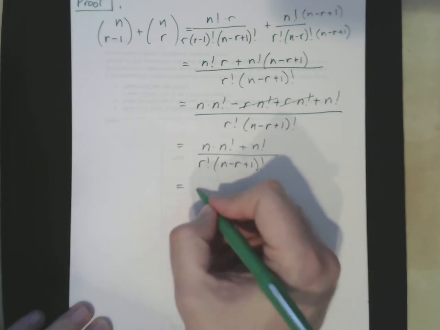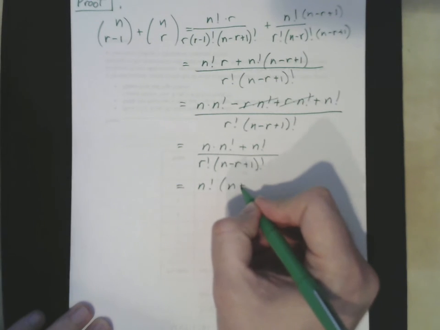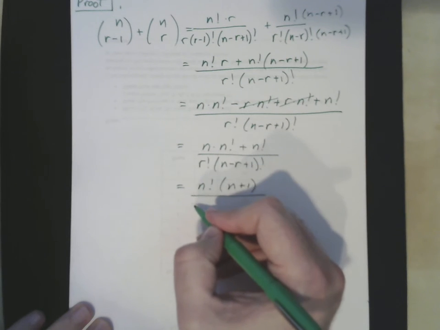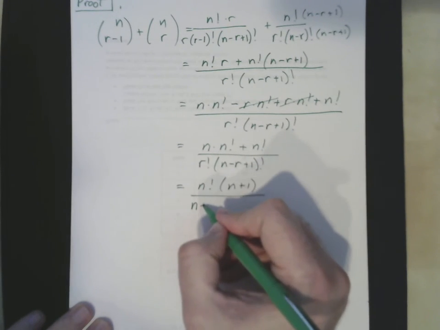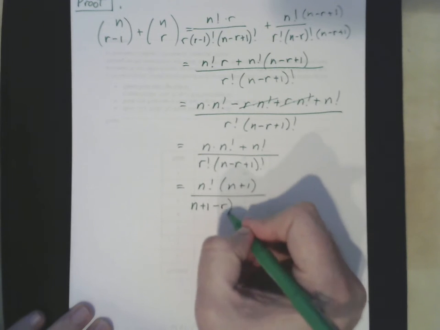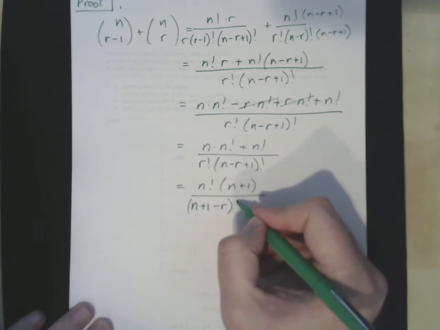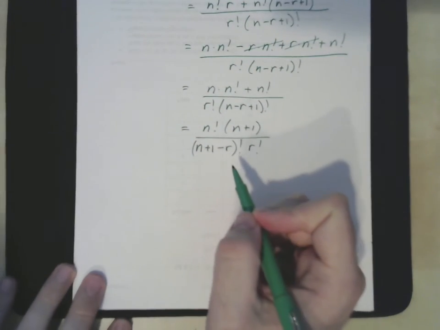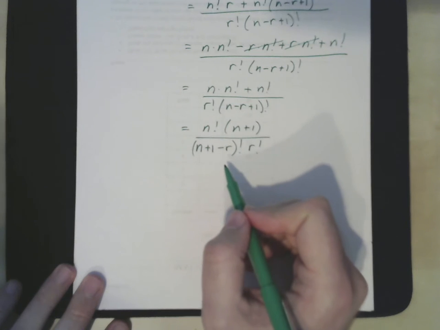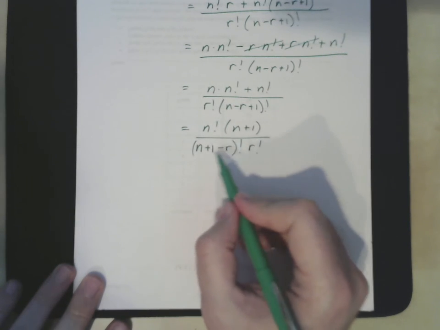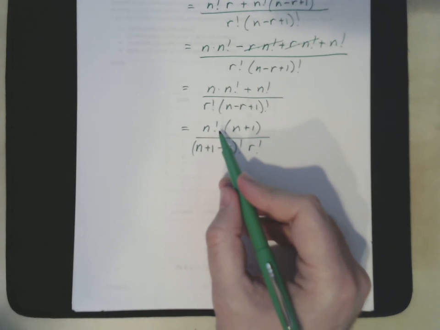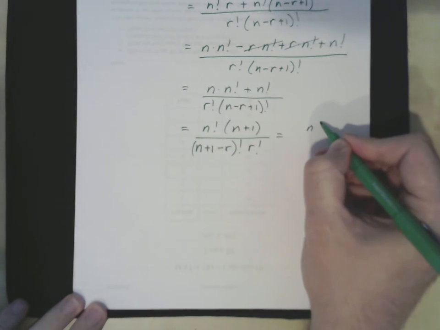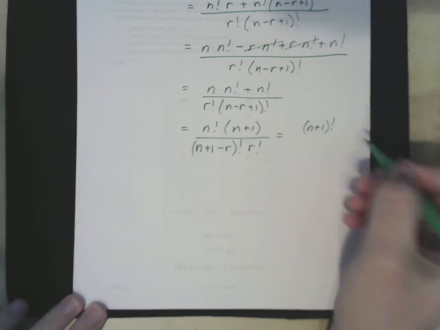Well, we can factor the n factorial out, and we have n plus 1. And then on the bottom here, we have n plus 1 minus r factorial, rearranging those, times r factorial. But n plus 1 factorial, or n plus 1 times n factorial, is just n plus 1 factorial.